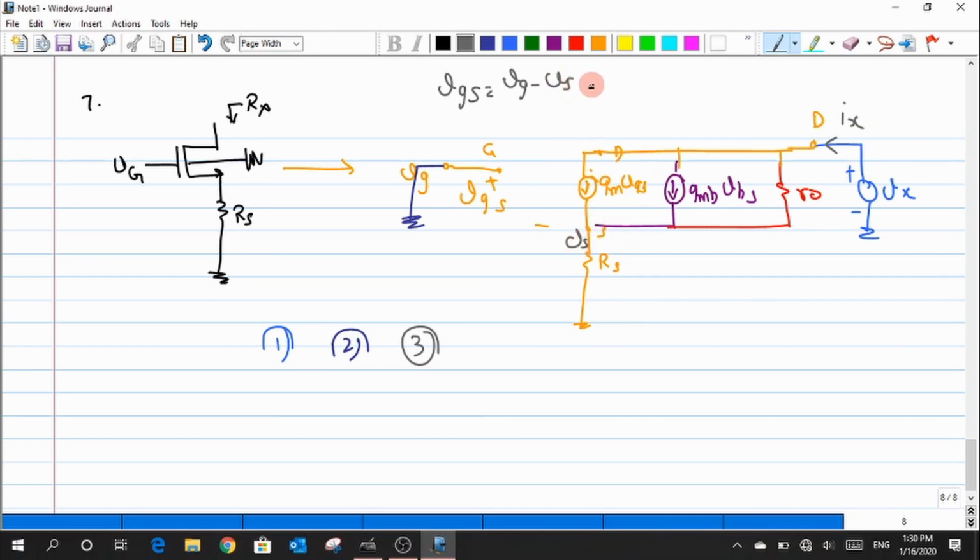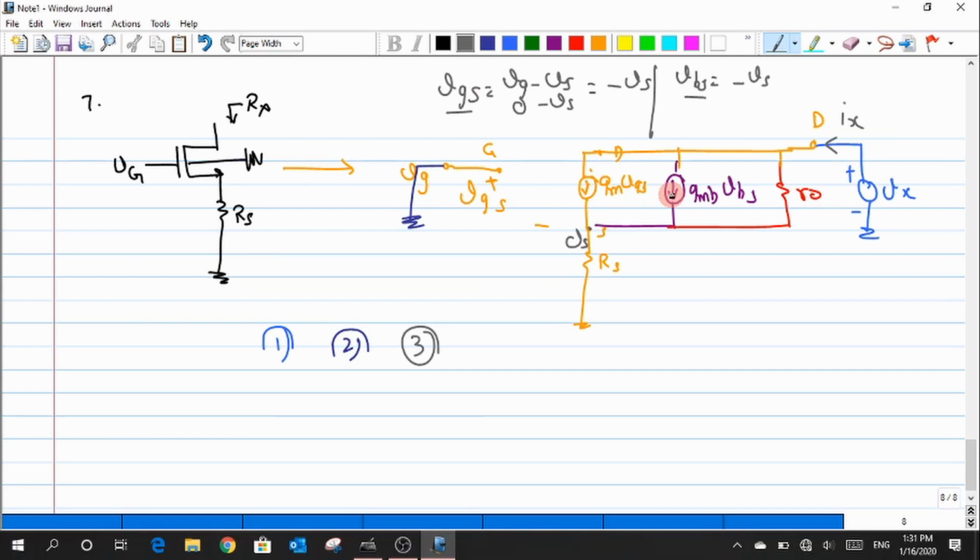So what I have here is 0 and then Vs, due to which I have minus Vs here. Similarly, I can write the expression for Vbs to be exactly the same. So Vgs and Vbs share the same relation with respect to node Vs, due to which both these current sources would exist.